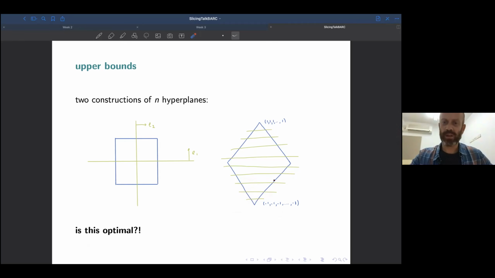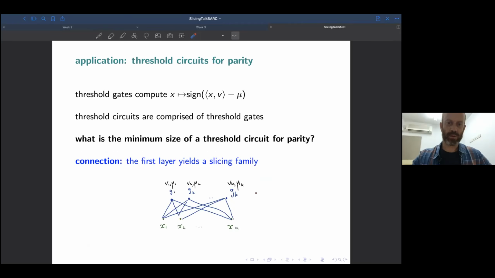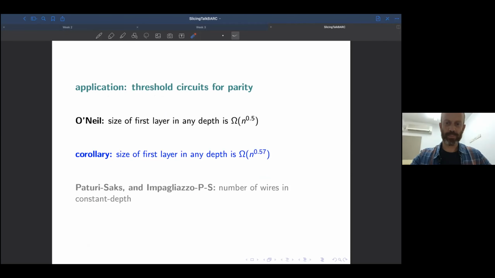Maybe I should mention in this context that one of the things Paturi and Saks proved is that if the coefficients are small, then a depth 2 circuit for parity cannot be much smaller than linear.